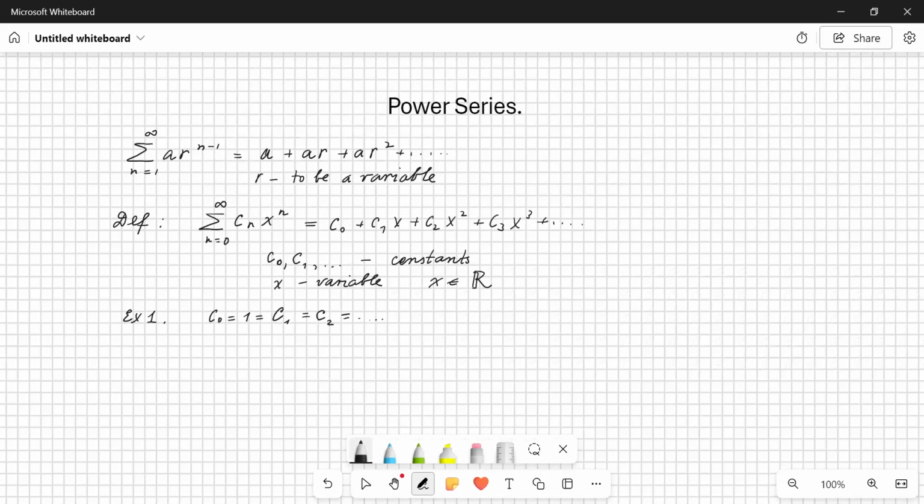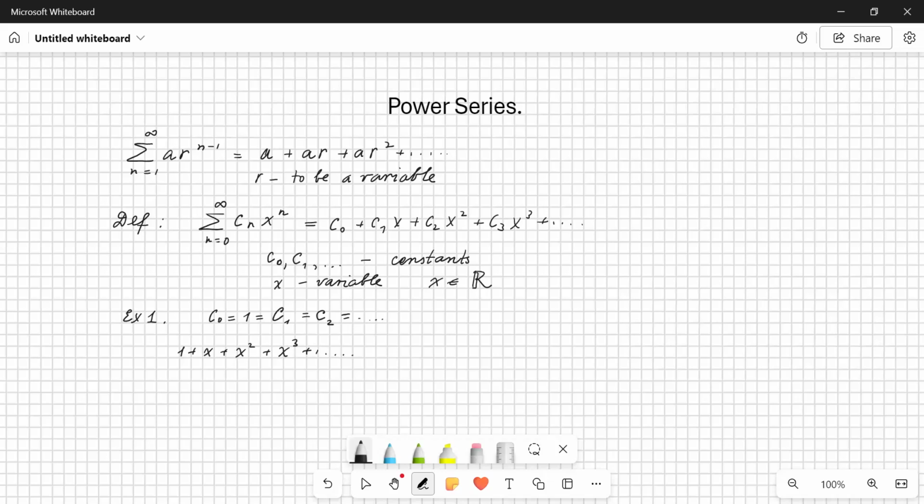And my power series is going to look like this: 1 plus x plus x squared plus x cubed and lots of other terms. It's going to look like a long infinite polynomial, right? Normally we start a polynomial with the highest power, but because here the highest power is infinity, we're going to start our polynomial with the lowest power.